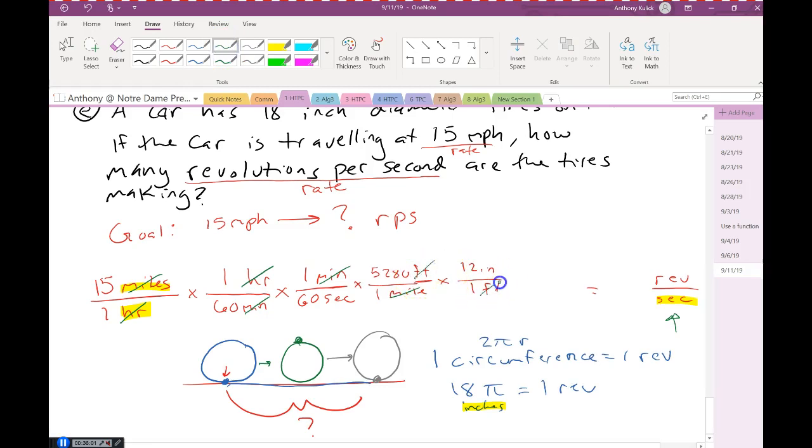And so the feet cancel. Now that we're in inches, we can apply this last conversion. I know 18 pi inches is 1 revolution. Everybody okay with this conversion that we've just done?